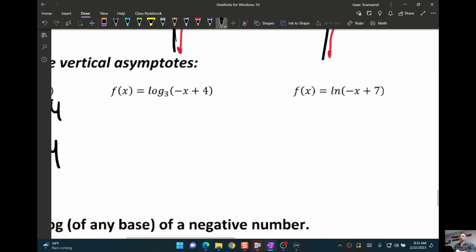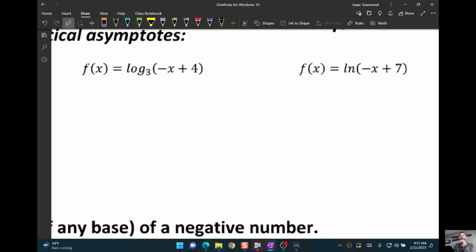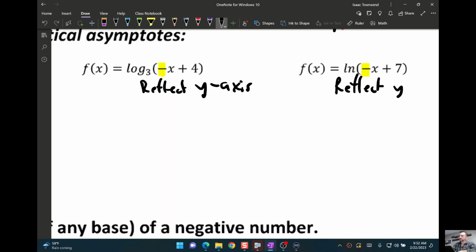Okay, these are the two that concern me though, because I don't think you've seen this before. Well, first off, if you only multiply the x by a negative, what kind of transformation is that? Reflect what? Good, y-axis.